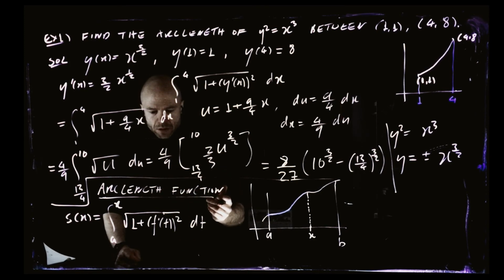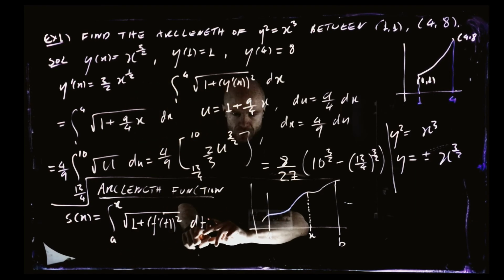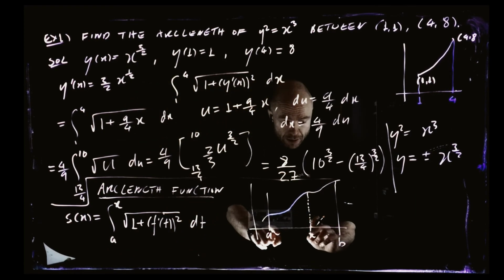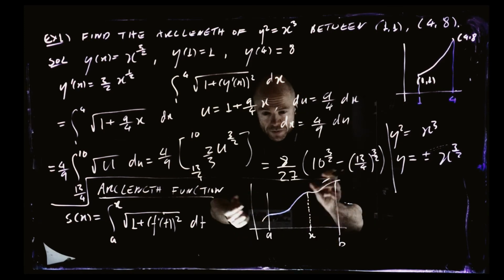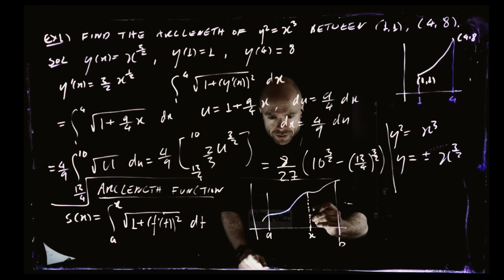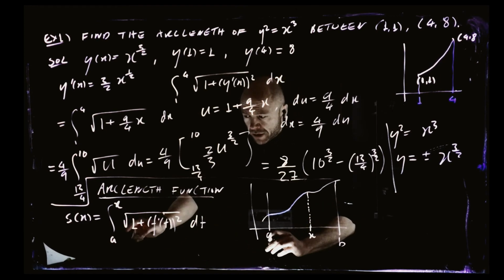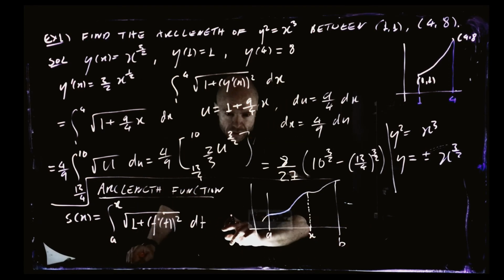If you're happy with the previous explanation, then this should be meaningful to you, simply because this is the picture. This is the thing that we're trying to come up with, right? Exactly the length of the graph between A and x. And just applying what we know, that is just integrating this expression between A and x, and that's what we've written here.